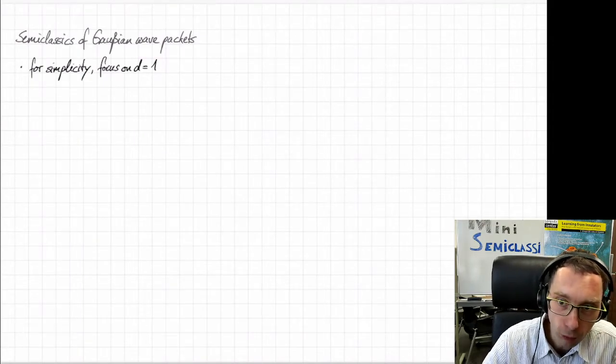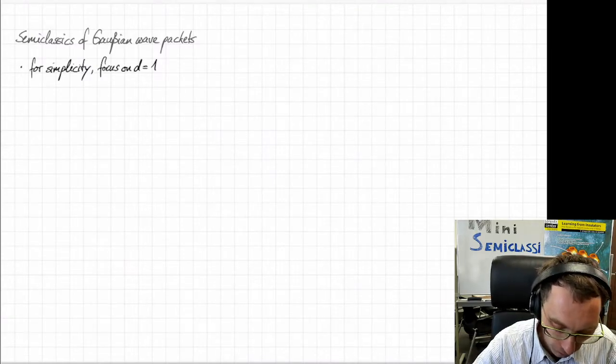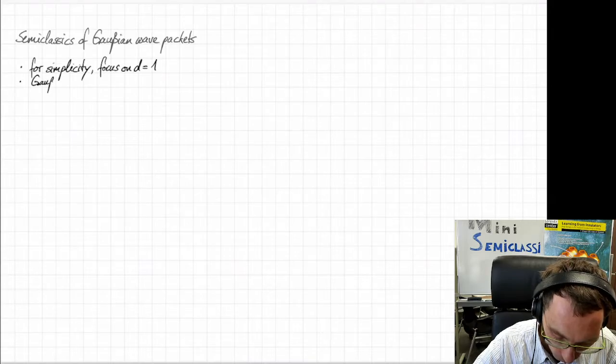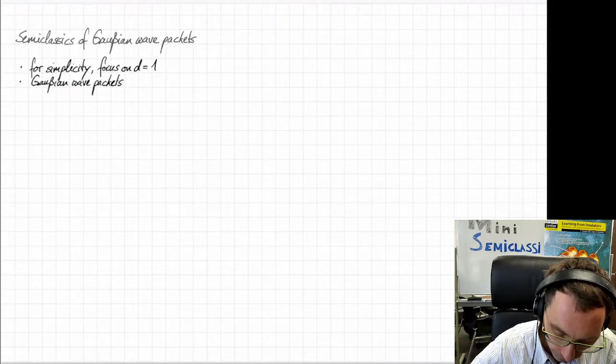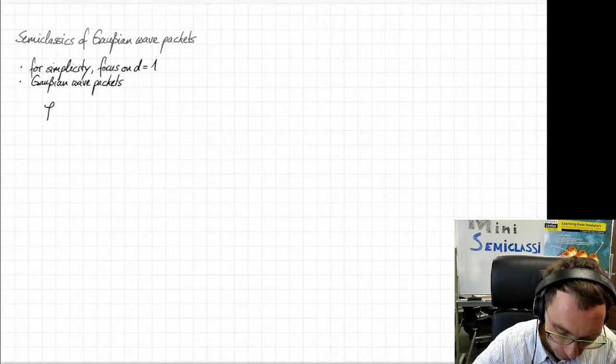So what we should start with is the type of states that we're interested in. And the Gaussian wave packets, let's assume that they're of the following form. So I will call them phi epsilon.